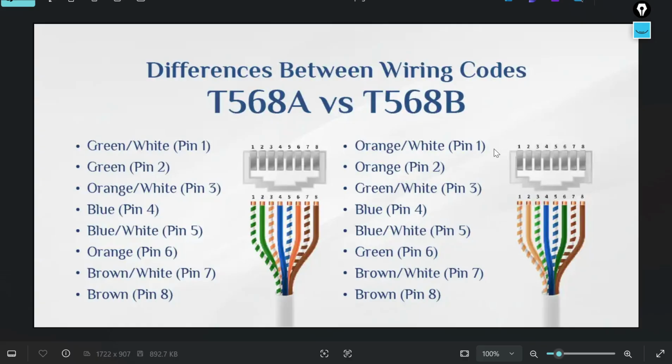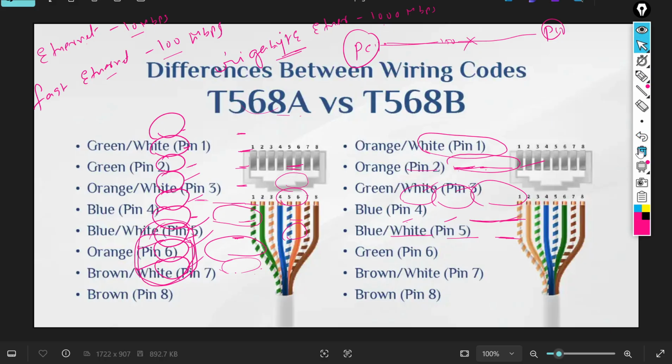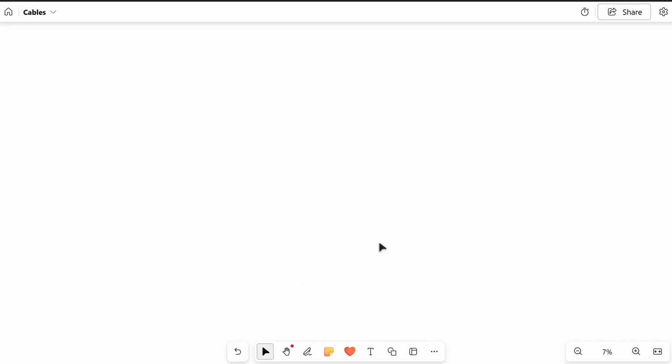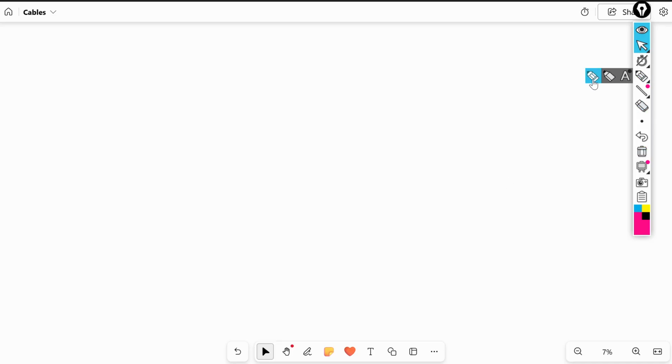First understand this. Same UTP cable only. The UTP cable can be used as straight cable and can be used as cross cable. The first we need to understand these two, very very important.